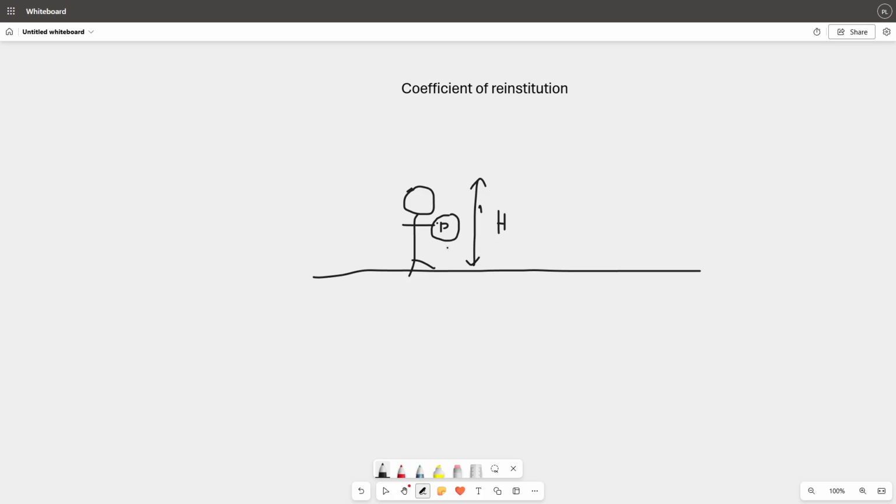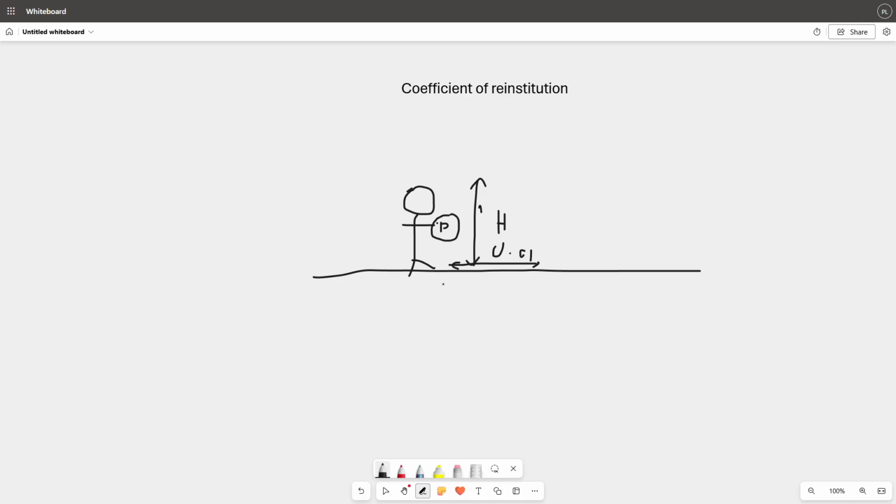As it falls to the ground, a maximum of kinetic energy is at play here, and even 0.01 seconds before it falls to the ground, a maximum of kinetic energy is still stored.